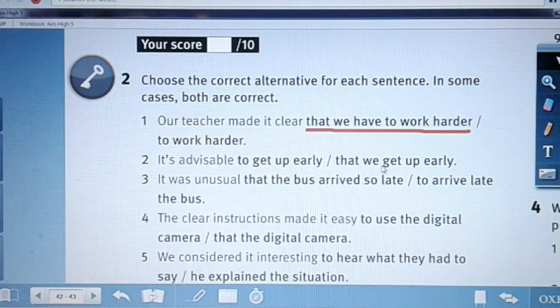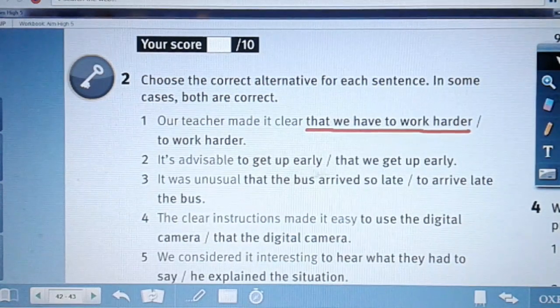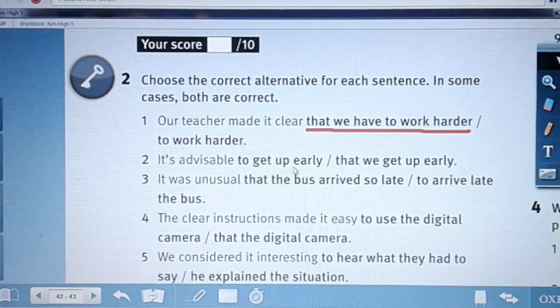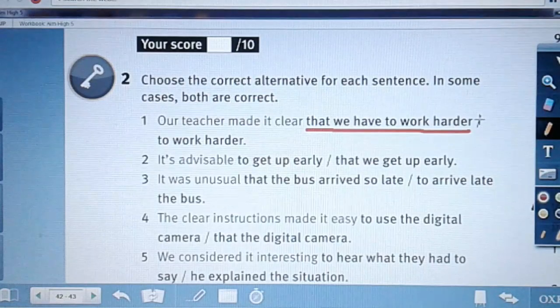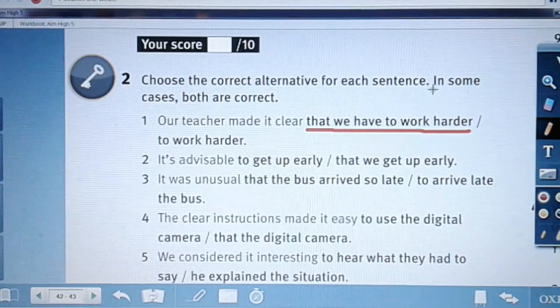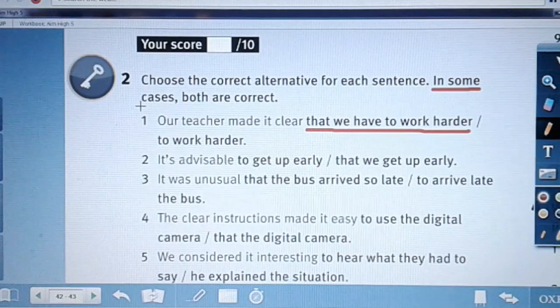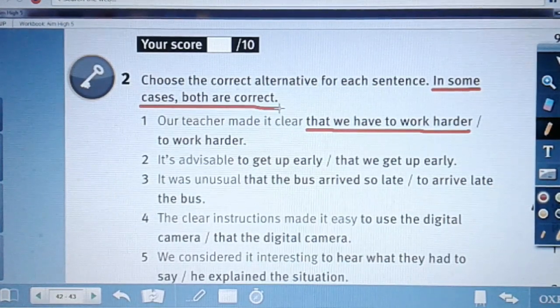Now take a look at number 2. It's advisable to get up early or that we get up early. So remember, it is stated that in some cases, both are correct, means both answers or alternatives. And for number 2, the preparatory it here stands for the subject.